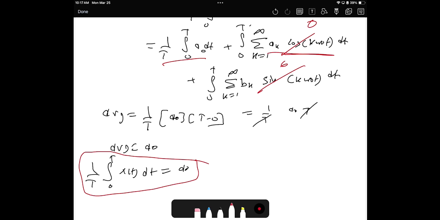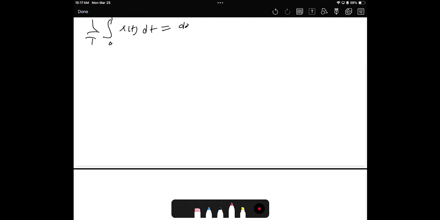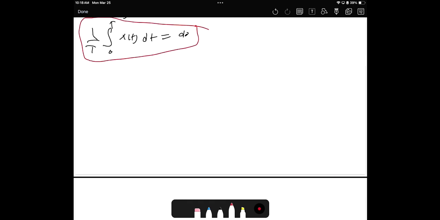Now, let's go to the next one, which is how to calculate A sub k. What we need to do is make the integral from 0 to T, x of t times cosine n omega naught t dt. Then, I will substitute x of t with the long expression and distribute the integral.